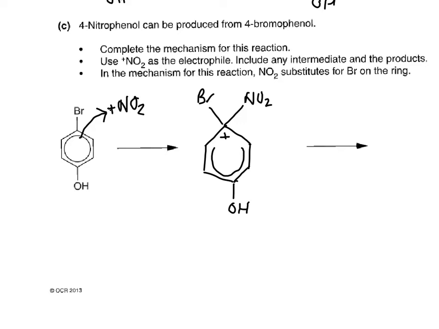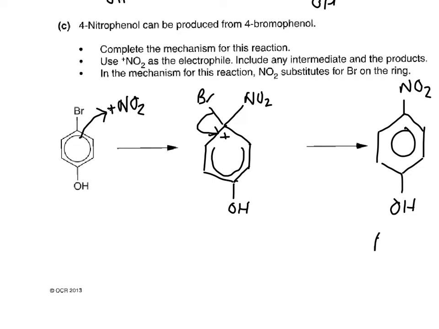Okay, so next is our bromine bond breaking. So we have an arrow going from the bromine to the plus sign, giving us NO2. And possibly this bit's going to throw people.